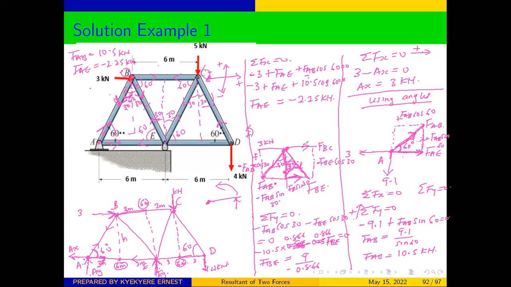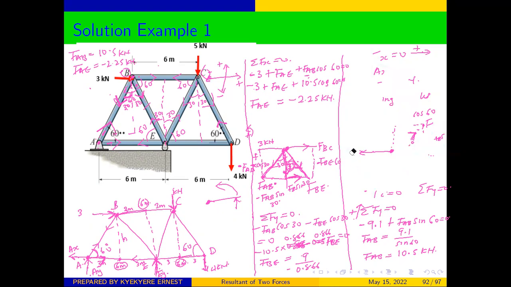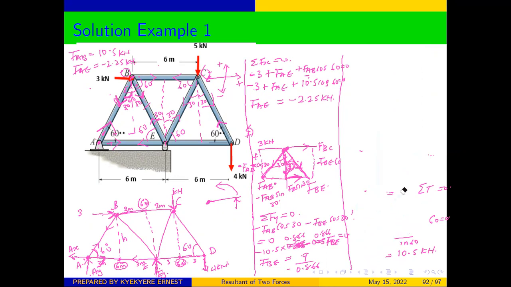And from there, we can determine the value of FBE. Allow me to erase this, and then we can continue from there. Therefore, the value of FBE will be equal to negative 10.5 kilonewtons.